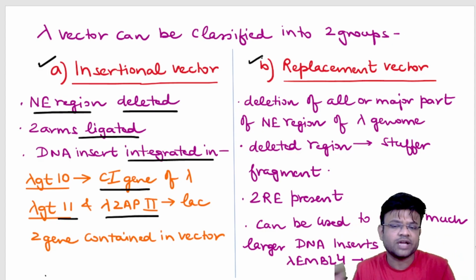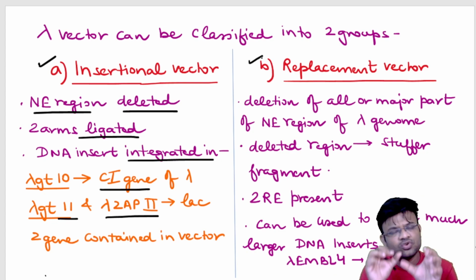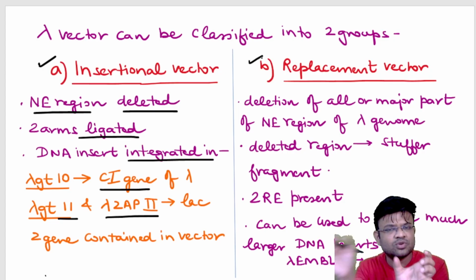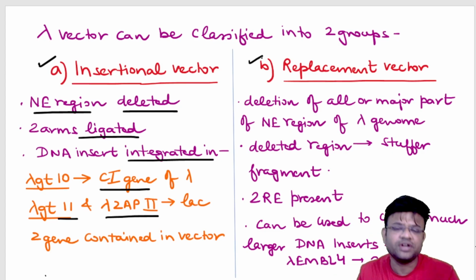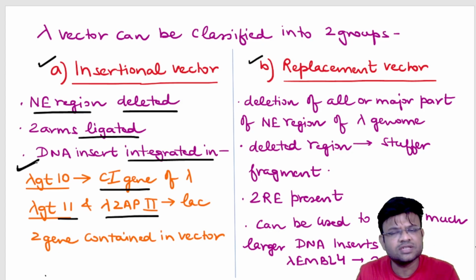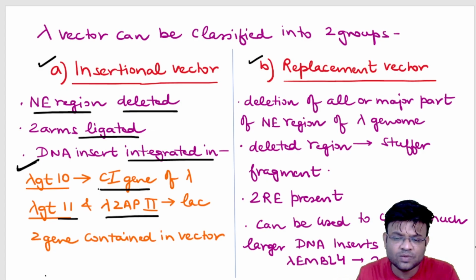Now, in different types of lambda genomes, you use different genes. Different genes will be present in different lambda genomes. In between these genes, you can integrate your gene of interest. For example, in lambda GT10, which is a kind of vector, there is a gene called the cI gene.